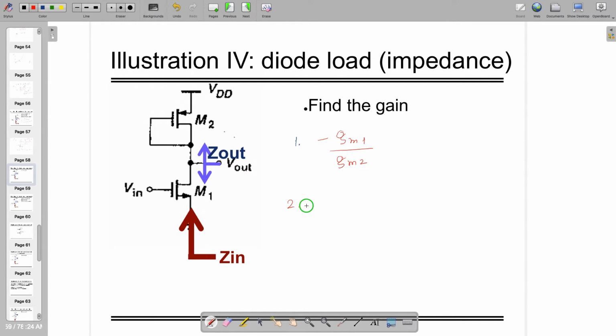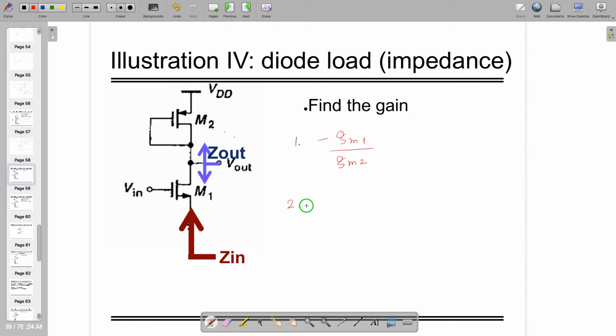Okay, if there is channel length modulation, meaning you have to consider RO1 and RO2, then what is the answer? Am I going fast, or are you able to see? If you need to solve in your notebook, please solve that.